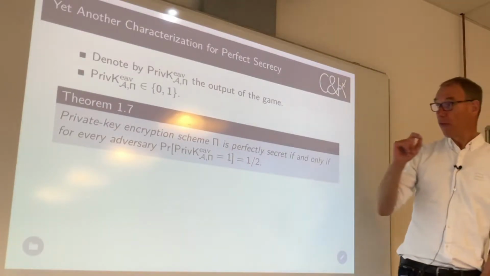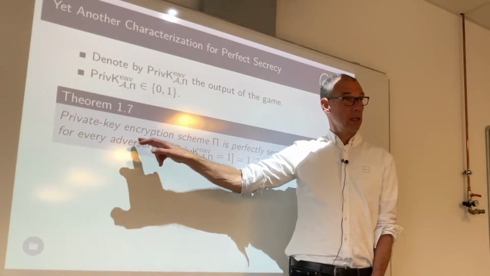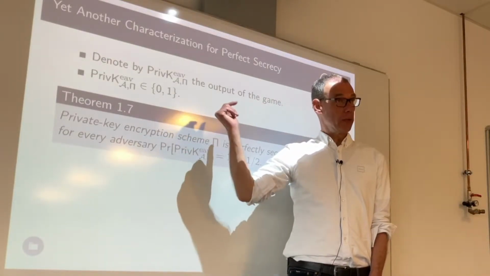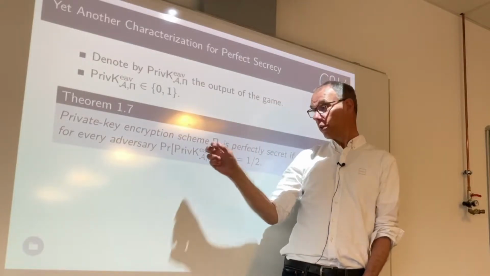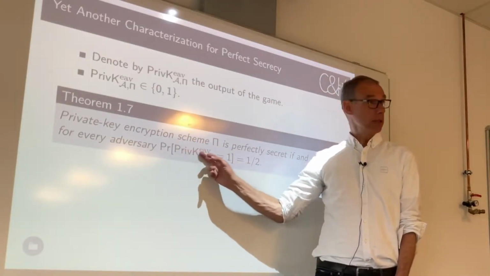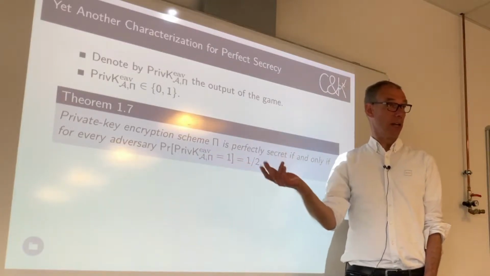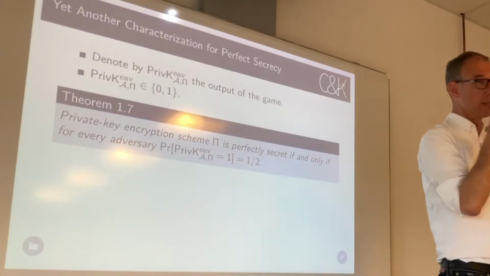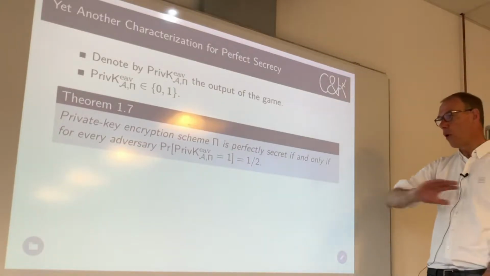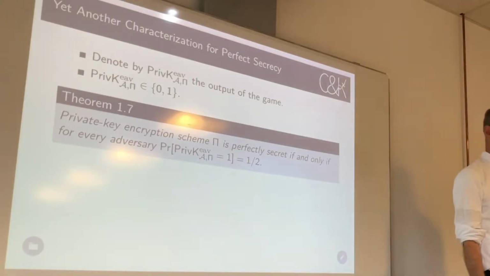And that's for every adversary. For every adversary, this game is defined. For every adversary, this particular value is defined. And then also the probability that a particular adversary wins the game is also defined. And I want it for all adversaries to be 1/2.